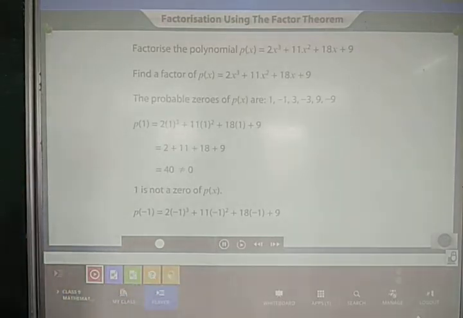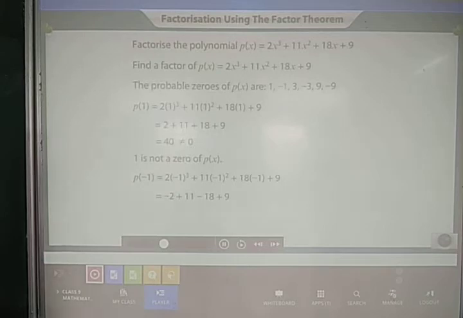p(x) at the next probable zero, that is minus 1. Substitute x equals minus 1 in the polynomial p(x). Its value comes out to be minus 2 plus 11 minus 18 plus 9.